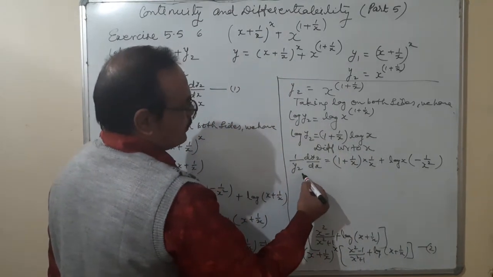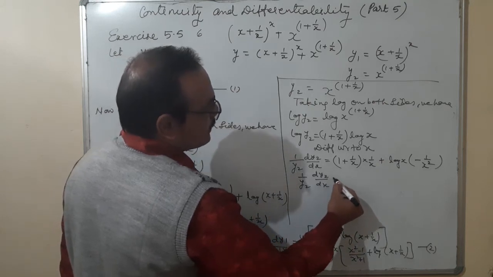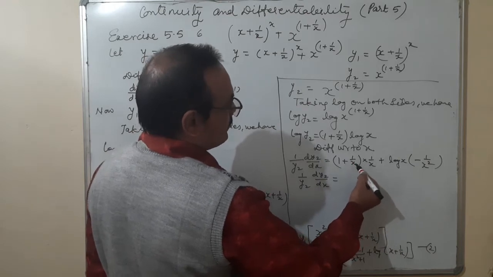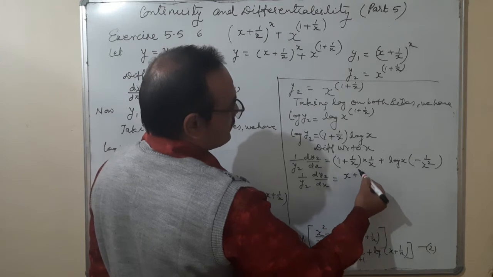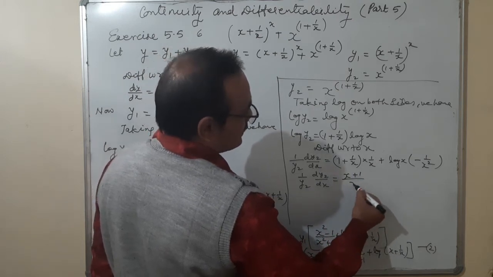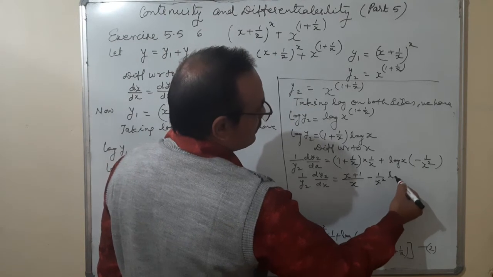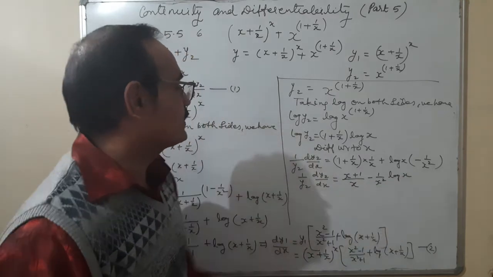So that means 1 upon y2 dy2 by dx is equal to, taking LCM, x plus 1 upon x, minus 1 upon x square log x.